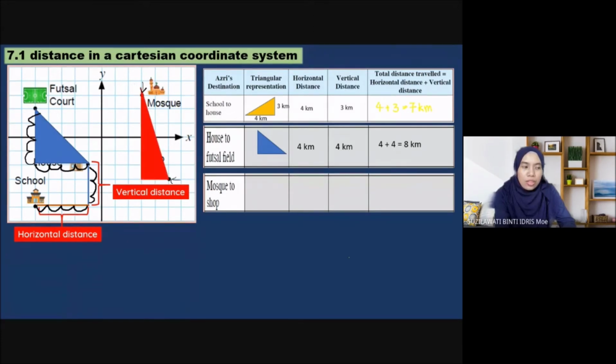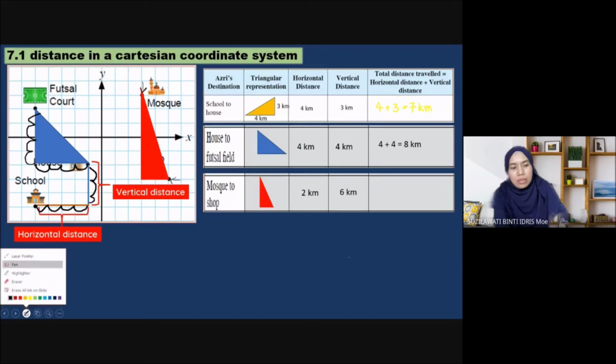Okay, so now we calculate the horizontal distance. That is the represented right angle triangle, and then we calculate the horizontal distance, which is 2 kilometer and 6 kilometer. Macam mana dapat tu? Sini tu 1, 2.